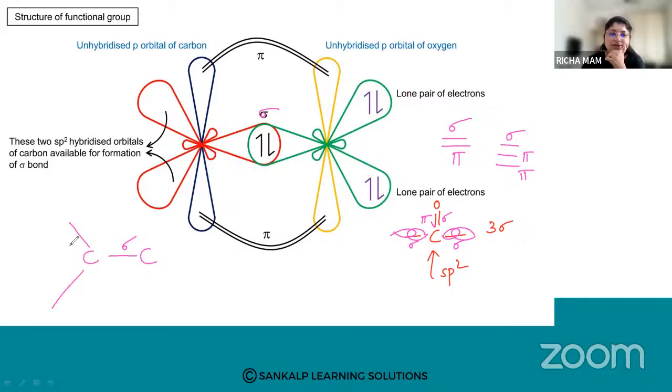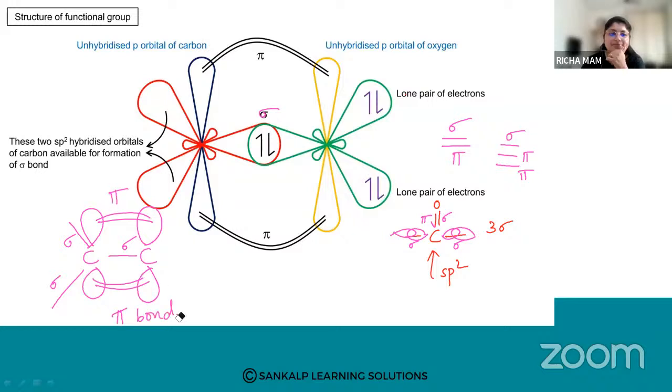One sigma bond here, one sigma bond here. This is the unhybridized p orbital. The unhybridized p orbital of this carbon will overlap with the unhybridized orbital of the other atom and it will form a pi bond. Like this, the pi bonds are formed.